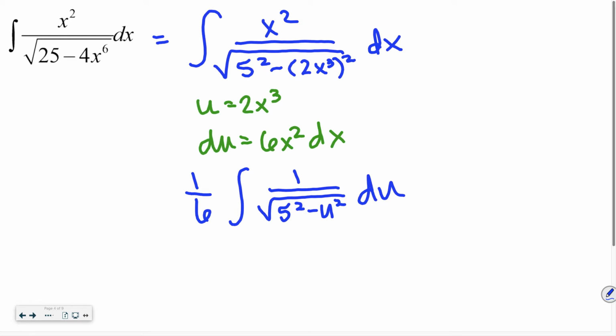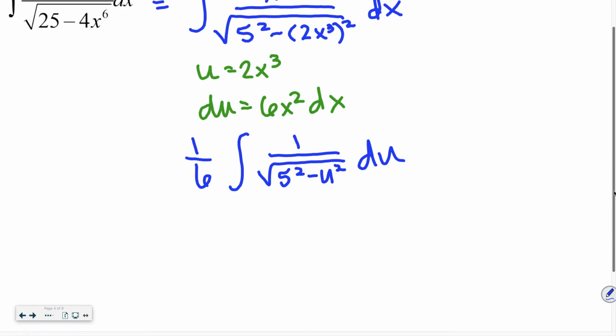Okay, so when we go back to write this as our arc sine rule, we have 1/6. Arc sine has the rule of it doesn't have a coefficient. We just talk about the arc sine of u over a.